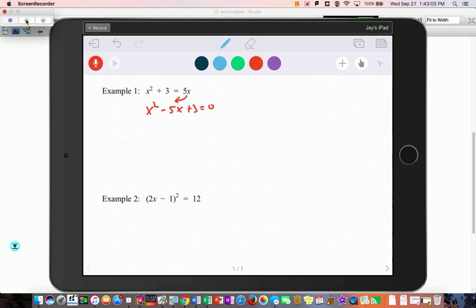So immediately I'm going to go to the quadratic formula. So x will equal negative b plus or minus the square root of b squared minus 4ac, all over 2 times a.